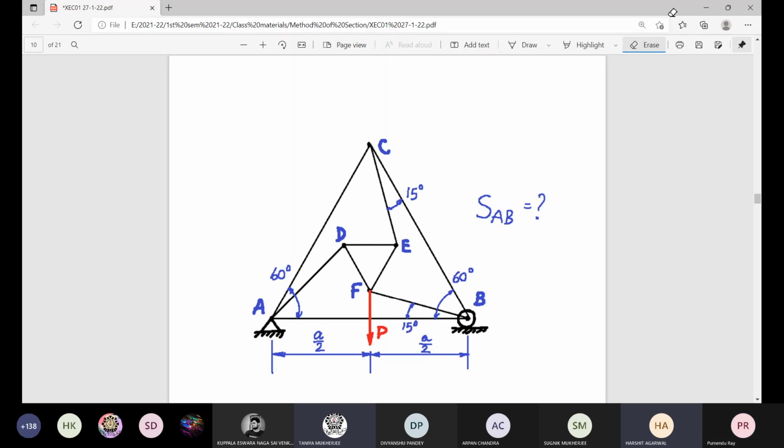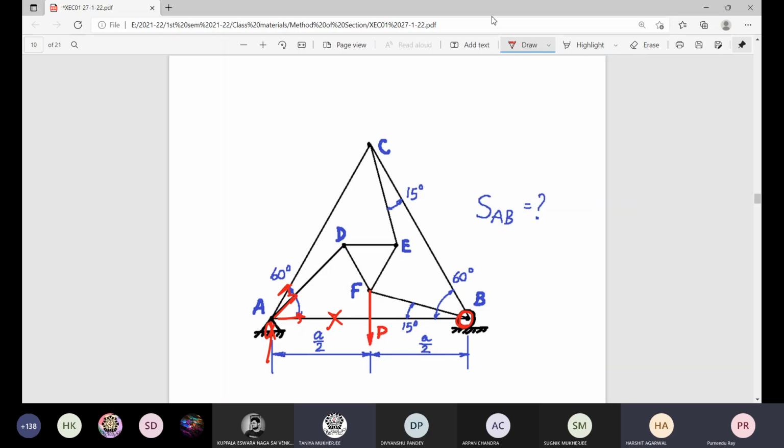Sir, can you repeat again, sir? Repeat which one? The last one, what you told. From your friend's suggestion, if we consider this joint and consider this point B as moment center, then this force is passing through joint B. So in that moment, sigma MB is equal to 0.